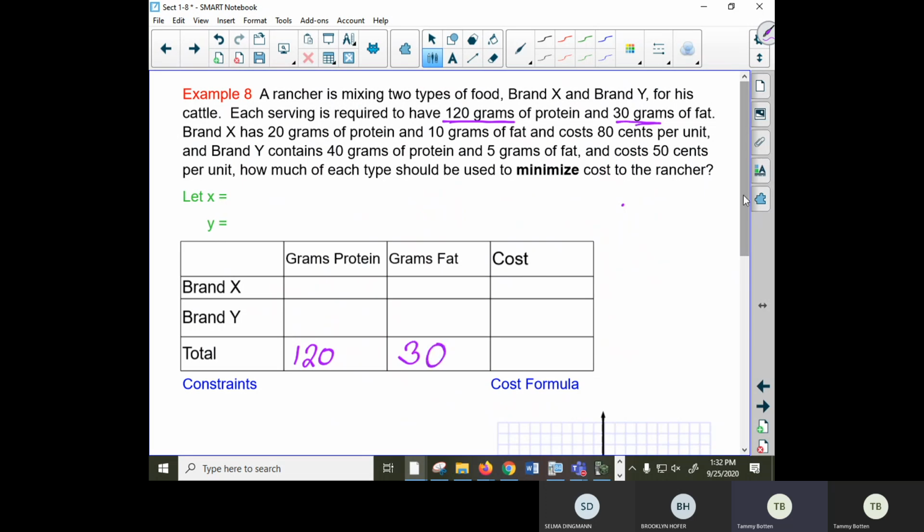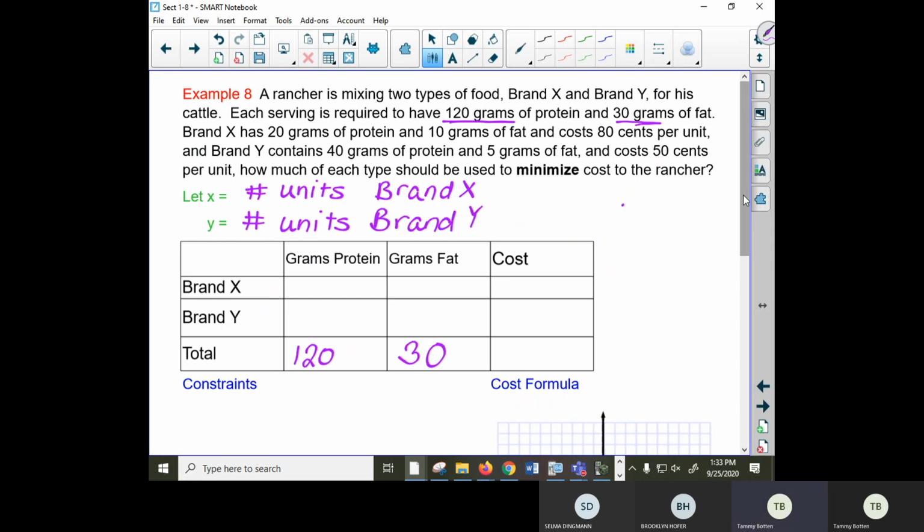It says brand X has this much protein, this much fat, and costs that. So we're going to let X equal the number of units of brand X, and we're going to let Y be the number of units of brand Y.